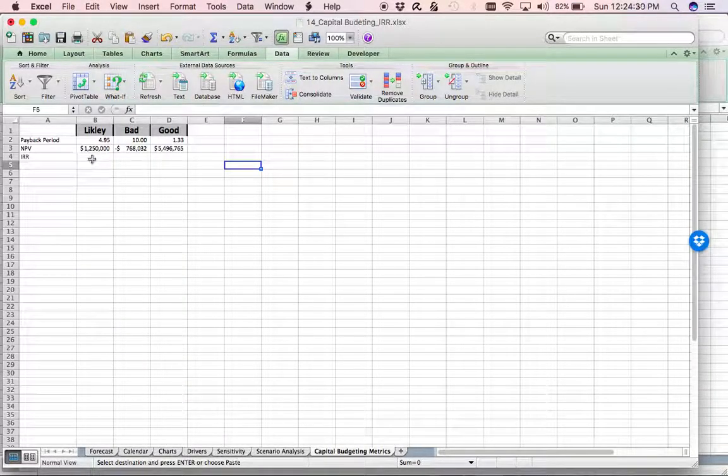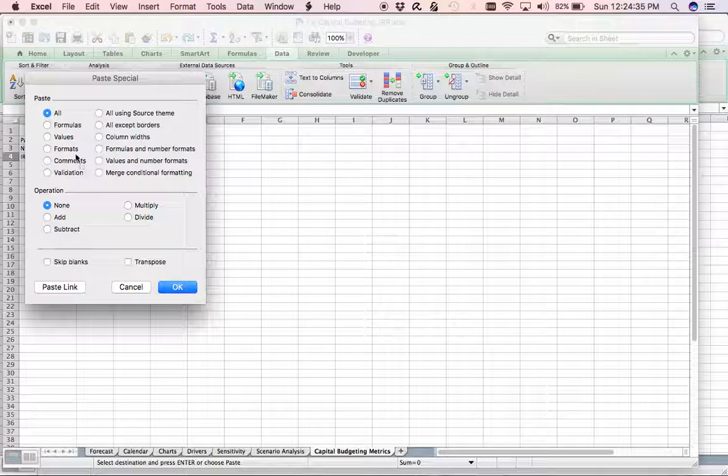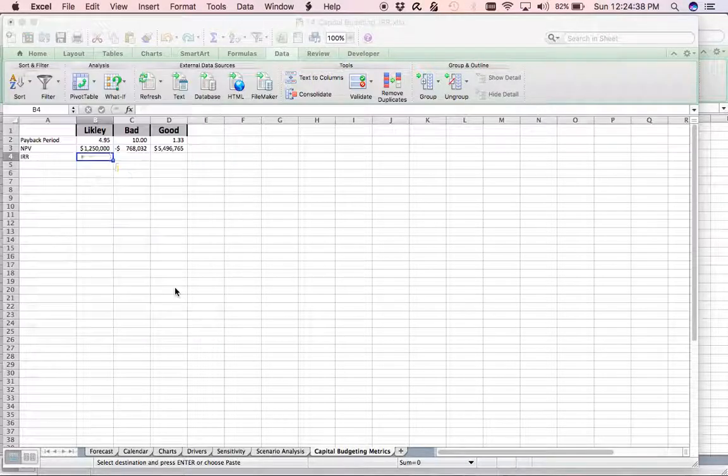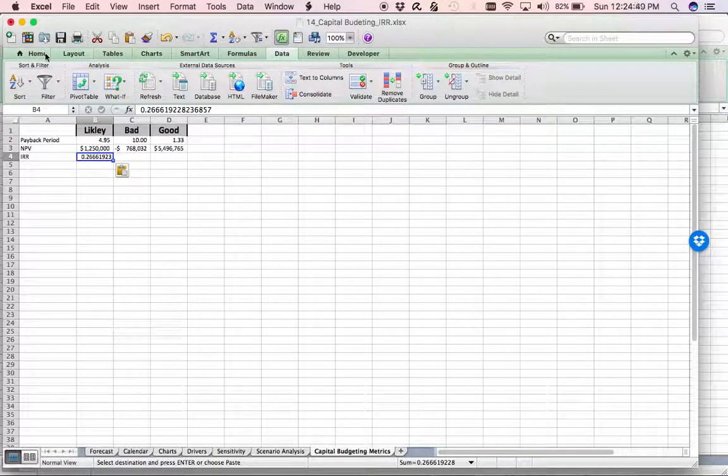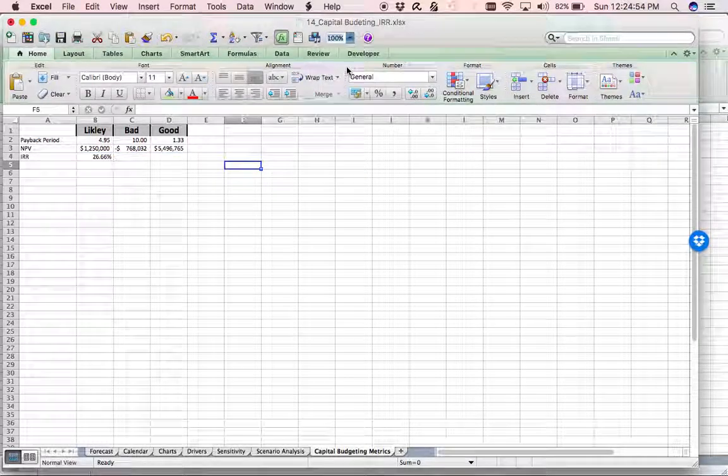We'll capture that under the likely, paste special values. Okay, and I'm going to go ahead and format all of those as a percent with a couple of decimal places on it. There we go. I'll make this bigger so you guys can see it.